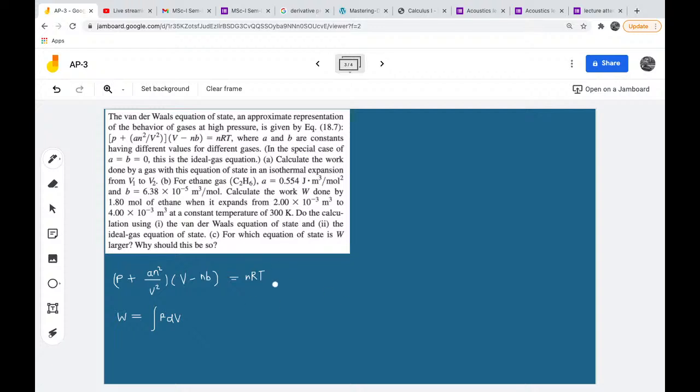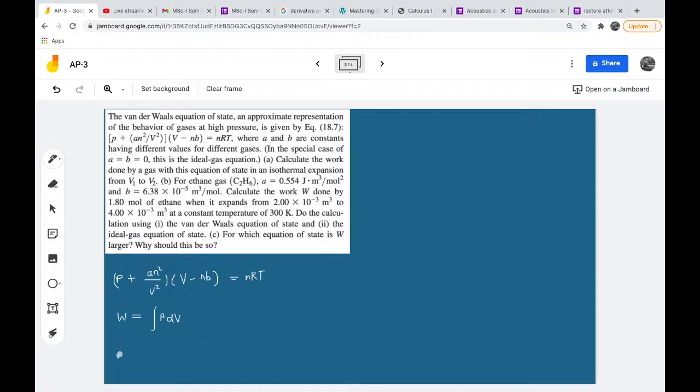So I need to figure out how I would carry out this integration. I need to find out P, and for that I need to rearrange the terms in this equation. So if I rearrange, V minus nb can go in the denominator, and a n^2/V^2 can go on that side as a negative term.